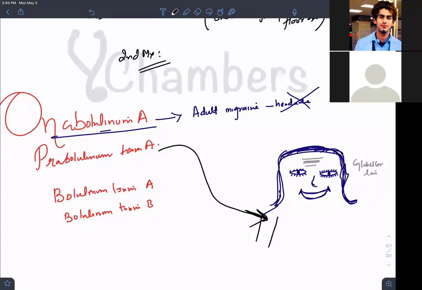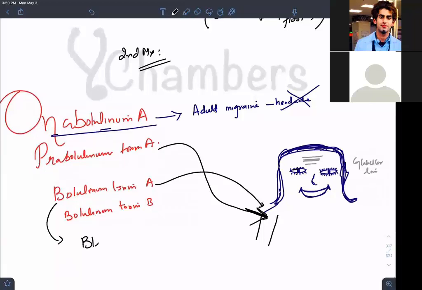What about botulinum toxin A? It is also used in this case. But what are the other uses of botulinum toxin A? There is a condition in ophthalmology called blepharospasm, a lid spasm.